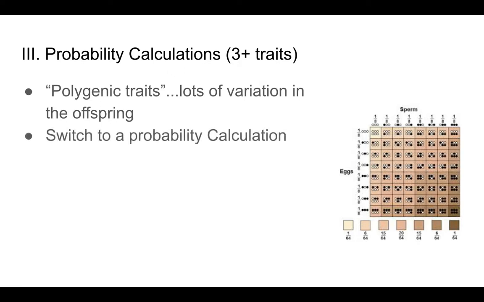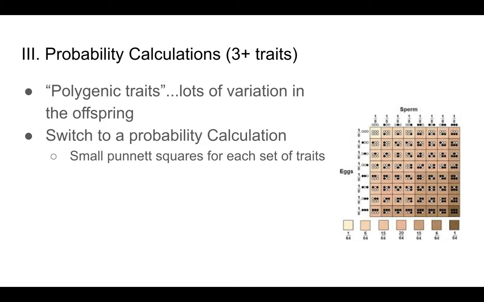Okay, so we're going to switch to a probability calculation, and I'm going to show you an example. We're going to write down an example in our notes, but essentially, here's what we're going to do. If there are 3 traits, a tri-hybrid cross, we're going to look at each trait independently.